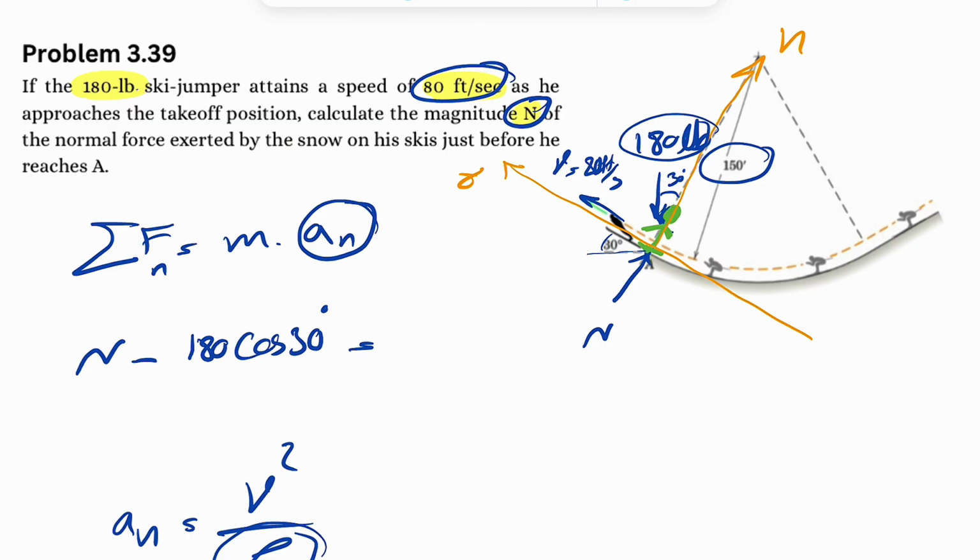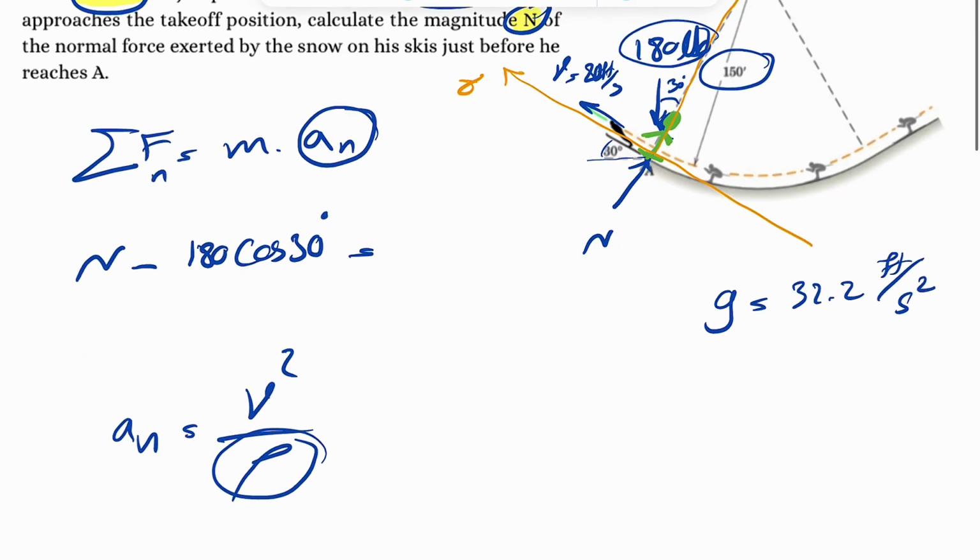So for mass, keep in mind that we have the weight, and because we have the units based on the foot, our g in here is going to be 32.2 foot per second squared. And we know weight is equal to mass times acceleration of gravity. So mass would be W, or the weight, over g.